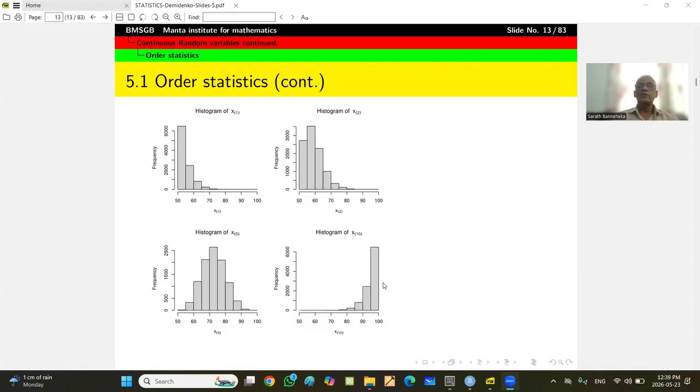You see that whenever you take a random sample from a uniform distribution, because the density function is a flat function, the probability that any particular observation will be in a given interval is the same as for any other interval with the same width. So therefore, we expect our random sample to be distributed roughly uniformly between 50 and 100.